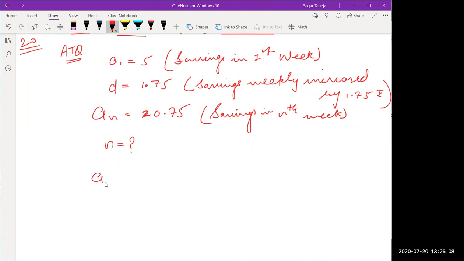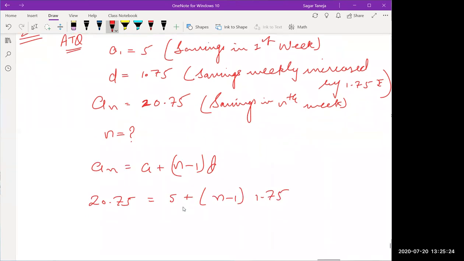Okay, so an is equal to a plus n minus 1 d, where an is 20.75 and a is 5 plus n minus 1, which we don't know, and d is 1.75.